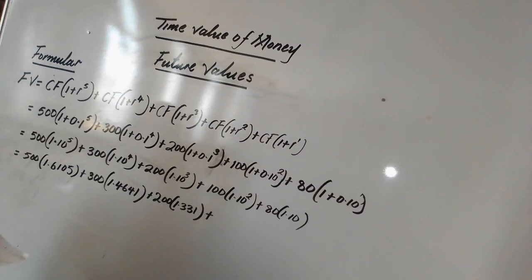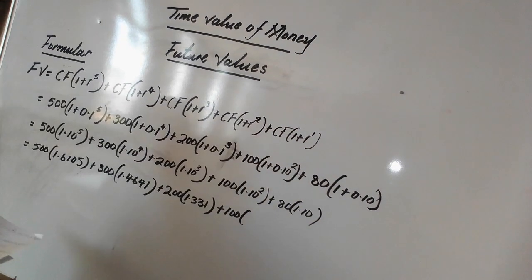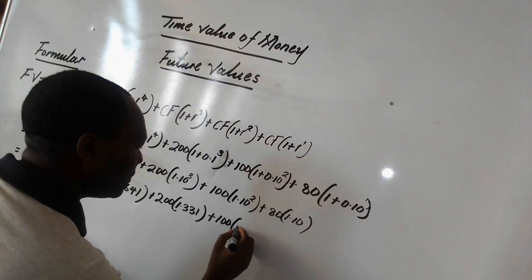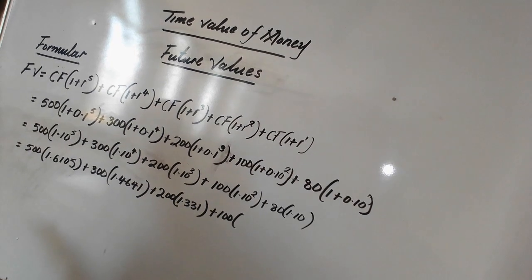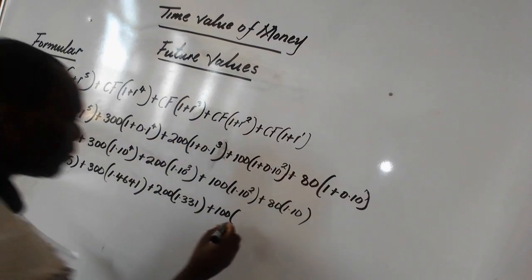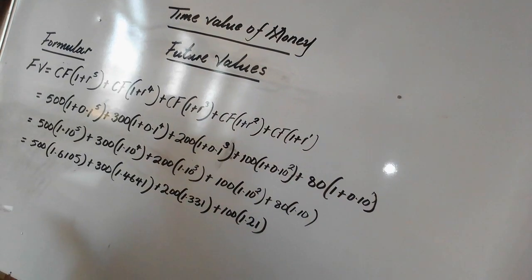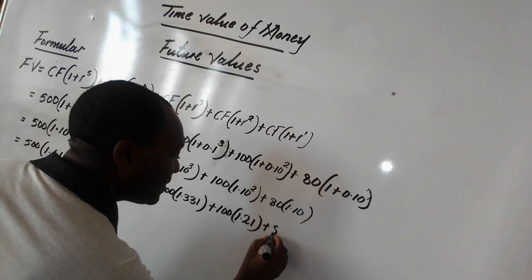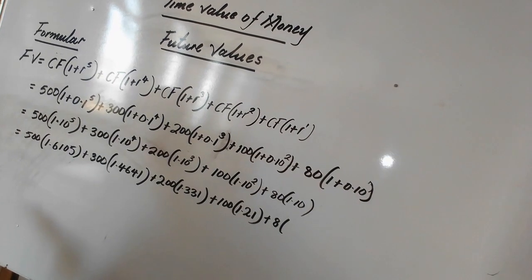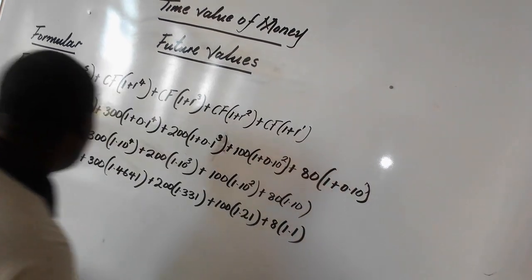You have the 100 there, 1.1 raised to power 2. It gives you 1.21. And the last one, 80, 1.1 power 1. It will give you 1.1.